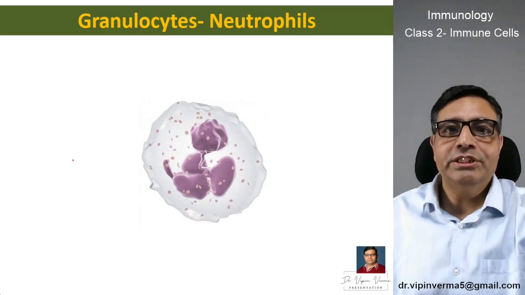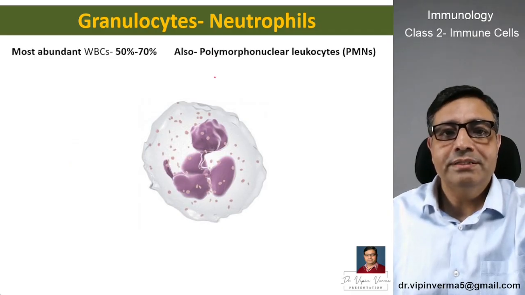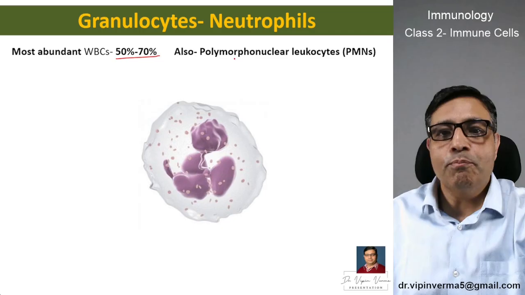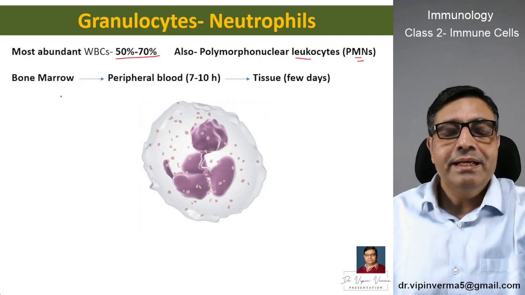Now let us focus on each and every cell. Let us start with the neutrophils. Neutrophils are the most abundant cells, around 50 to 70% of the WBCs, and they are also known as polymorphonuclear leukocytes. So we also call them PMNs, right?